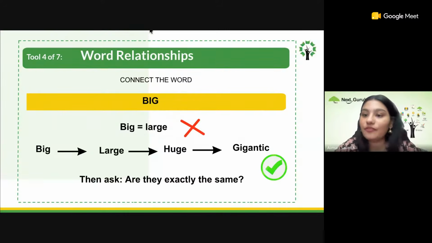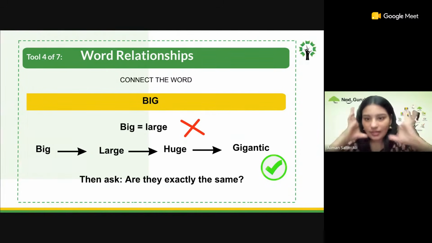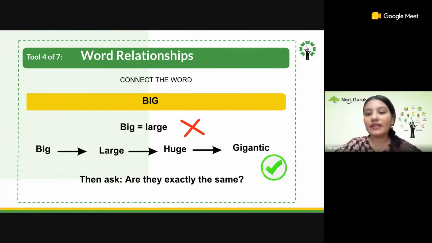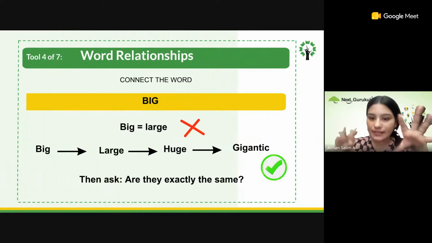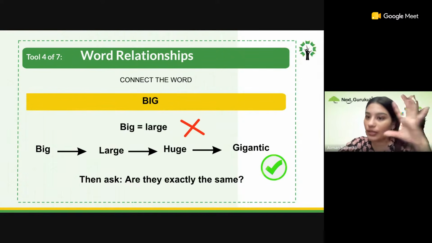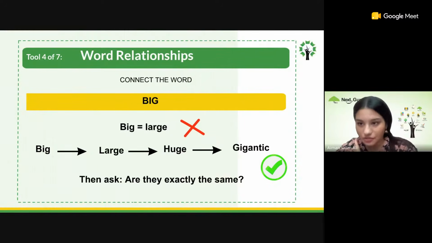Okay. Now this is the fourth strategy, word relationships. How are we going to talk about it? You connect the word to other words that mean similar things. Let's say, as you can see on the screen, if I say big means large, that is not truly correct.